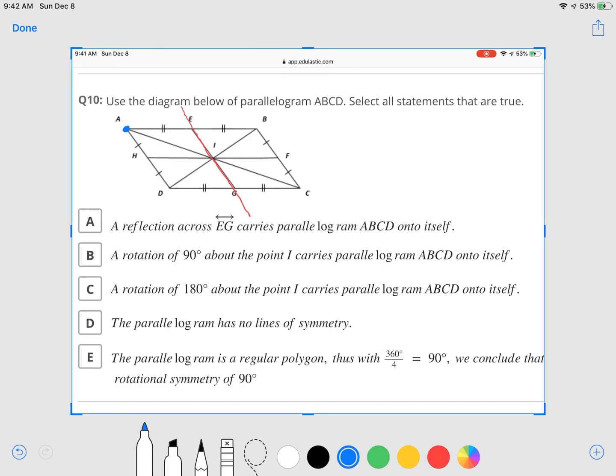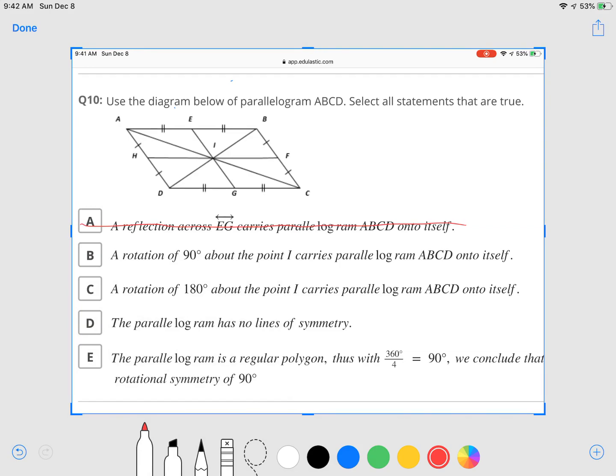So if you draw perpendicular from A to the line of reflection, it's like this. And then if you keep going, A prime is going to be somewhere over here. Okay, obviously that doesn't land back on top of the parallelogram, so that doesn't work. Okay, so option A doesn't work. So let's cross that one out.